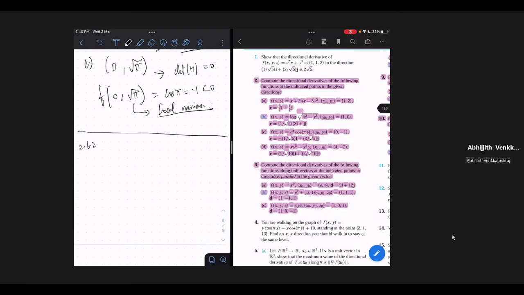You have your f of x comma y as e power x cos of pi y. You have your point x naught y naught as 0 comma minus 1, and the vector is minus 1 by root 5 times i cap plus 2 by root 5 times j cap.